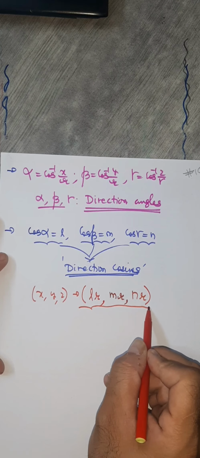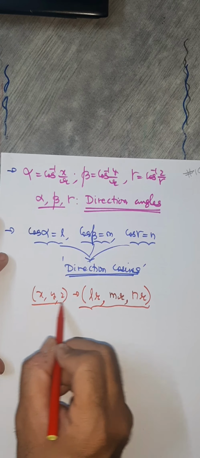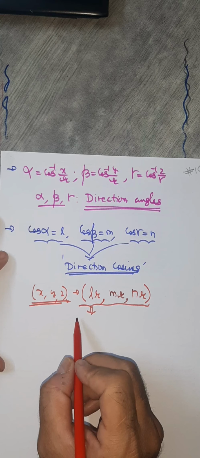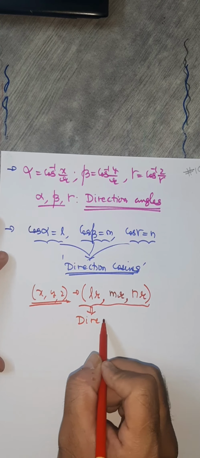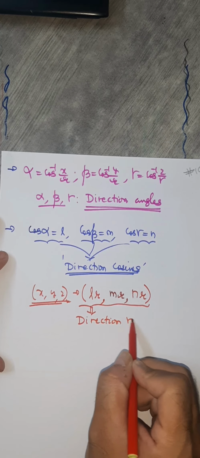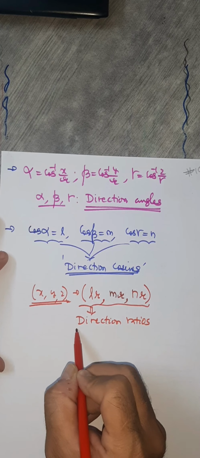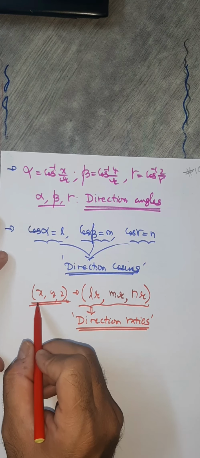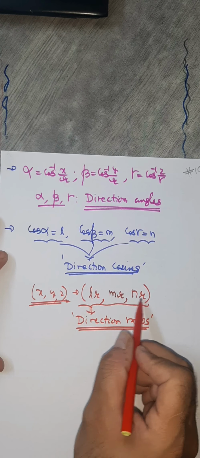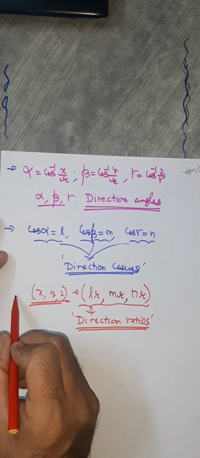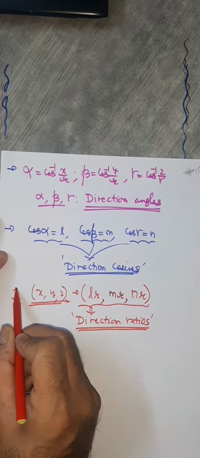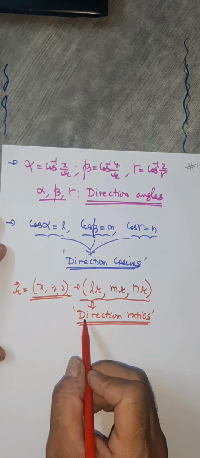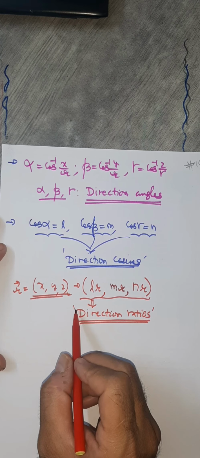This would always be a multiple of the position vector. So these are called direction ratios, remember. They are multiples of the position vector of the given vector. These are simply multiples, so these are called direction ratios.